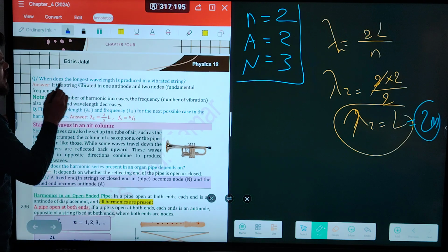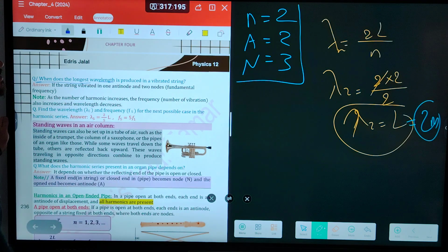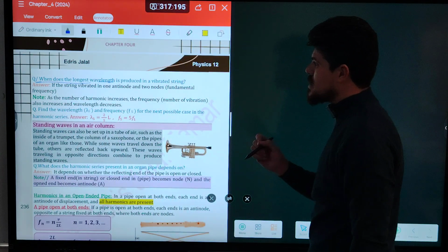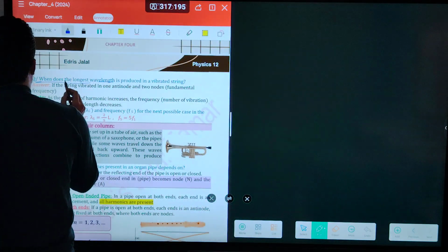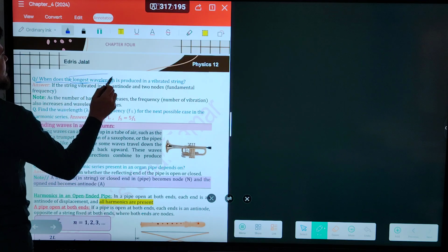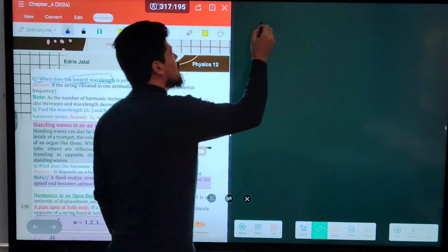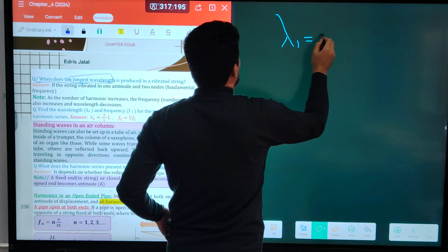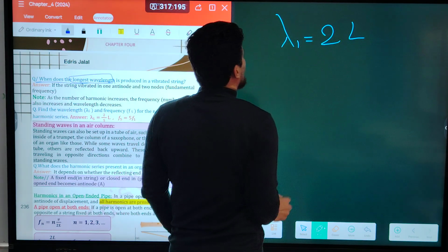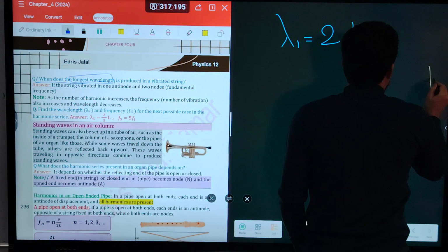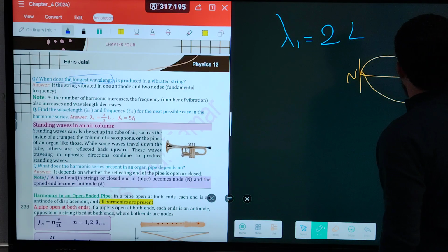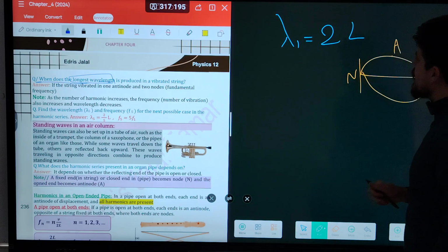When is the longest wavelength produced in a vibrating string? This is a very good question, guys. Be careful. What do you mean by longest wavelength? Lambda 1. Lambda 1 is equal to what? 2L. In the longest wavelength, how many nodes do we have? 2. How many antinodes do we have? 1.